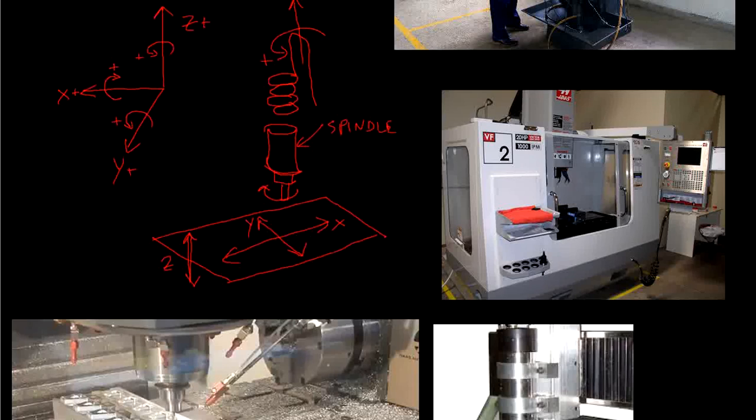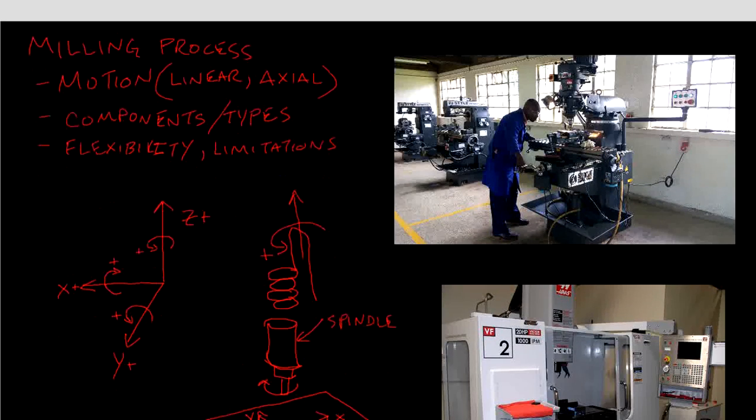So that's pretty typical of conventional mills. Now that we know the components of a mill, which are pretty standard, we'll go into the different types of mills. And pretty quickly after that, I'm going to go into the flexibility and limitations.